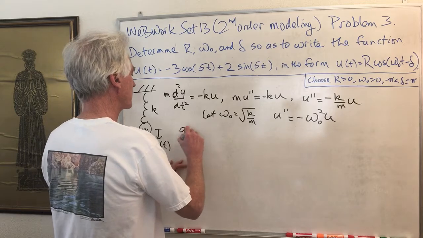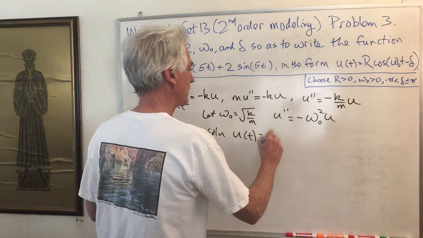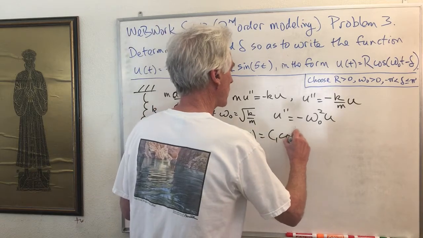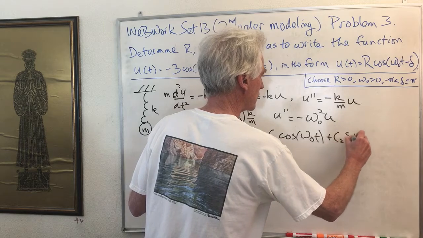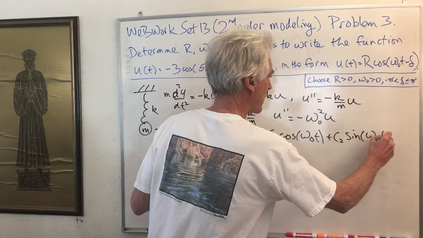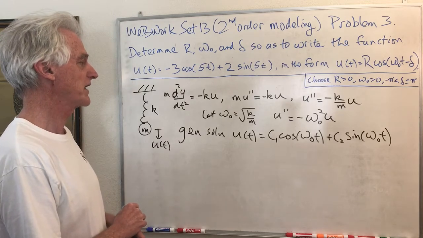So the general solution is u of t equals c1 cos omega naught t plus c2 sine omega naught t. Okay, now how do we make sense of that?